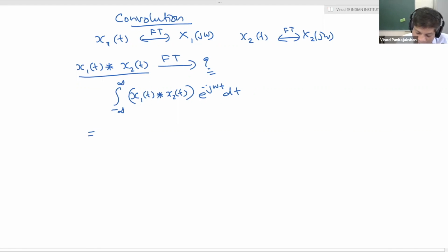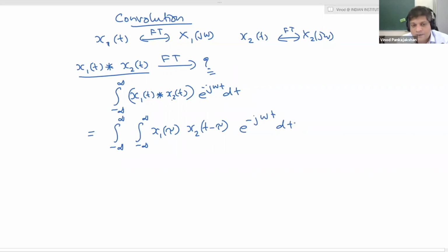If we expand this convolution operation, can we write this as integral from minus infinity to infinity, integration from minus infinity to infinity, x1 tau, x2 t minus tau, e to the power minus j omega t dt. Okay, I'm just expanding that.